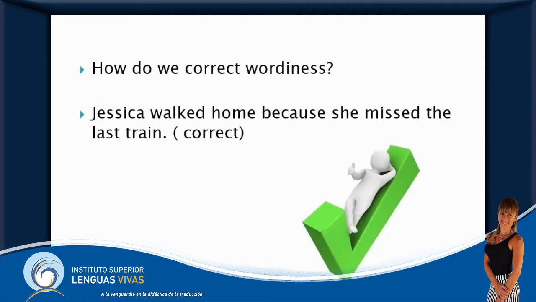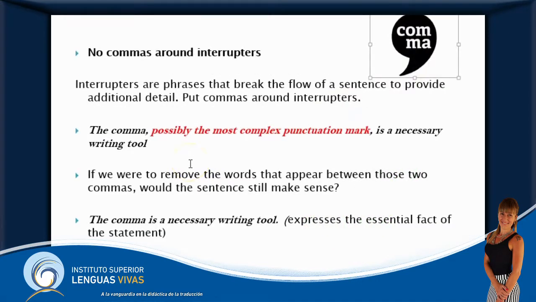After you have eliminated all the non-essential information, you can have a more concise and straight to the point sentence, as in the corrected version here. Jessica walked home because she missed the last train.